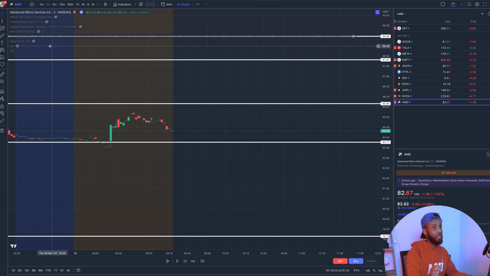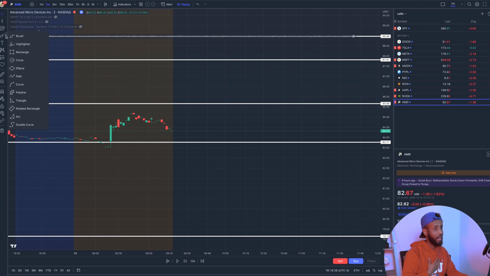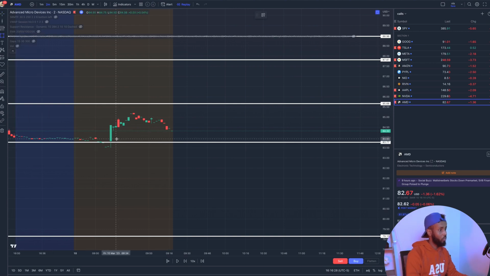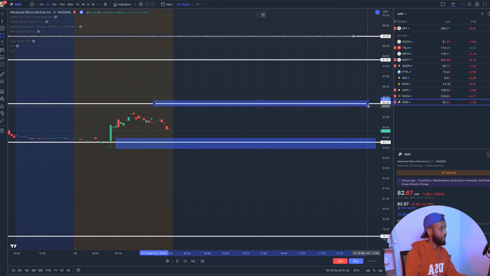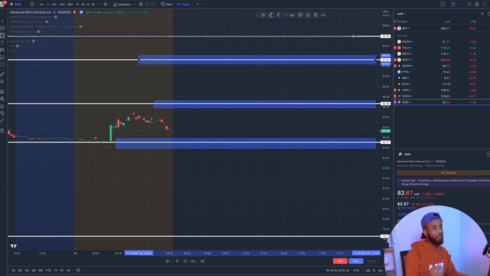And what you can do is, this is up to you. This is what I like to do. I draw rectangles instead of lines, because we know nothing is perfect. So I like to draw rectangles at areas that it might hit today.